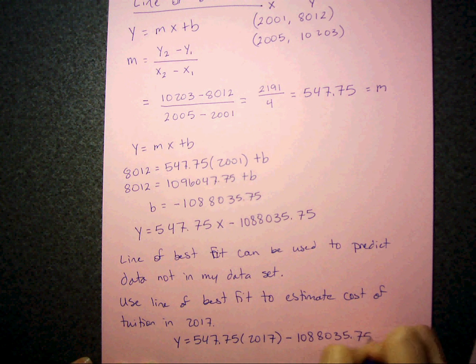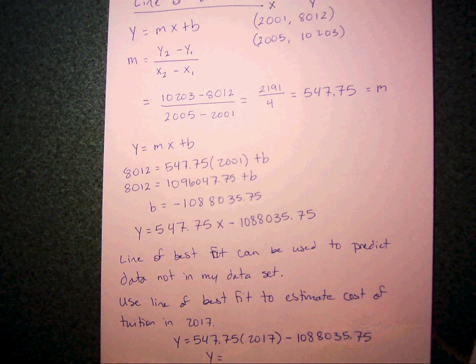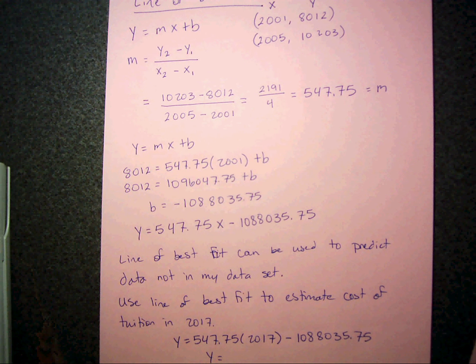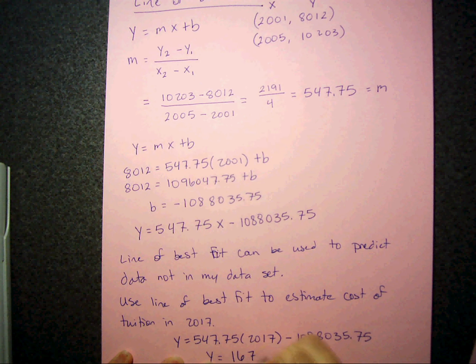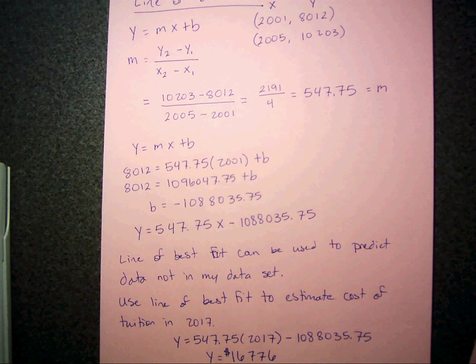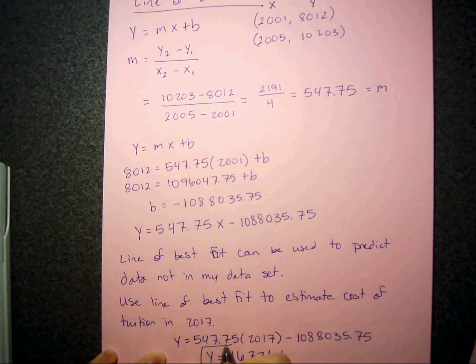Let's see. I get $16,776. And so hopefully that's not true because it's quite expensive, but that's probably a pretty good estimate as far as how much tuition will cost in 2017. So that's my line of best fit.